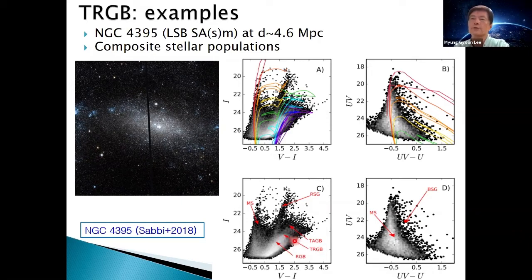Sometimes you can be confused by TAGB and TRGB, but the number density of RGB stars is much larger than AGB, so you can tell what they are.